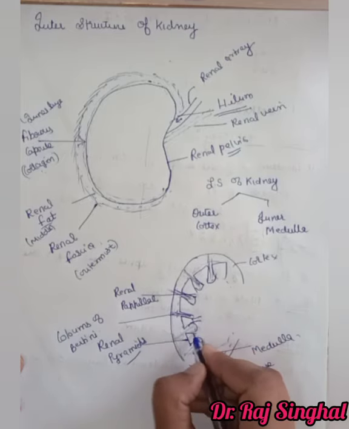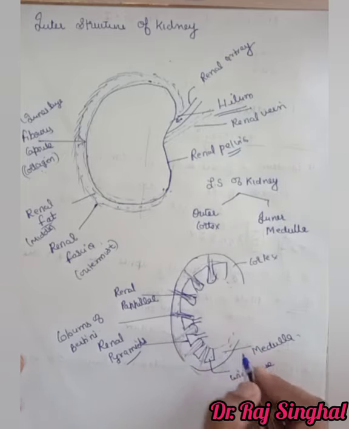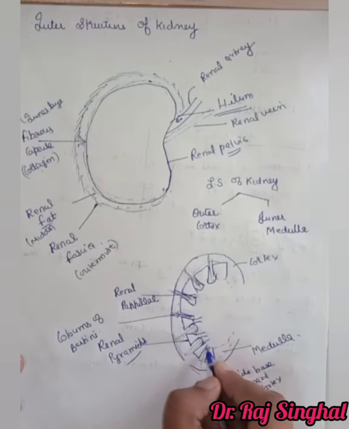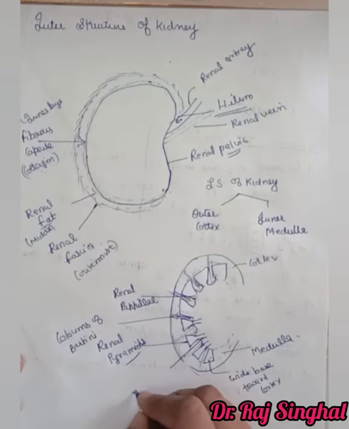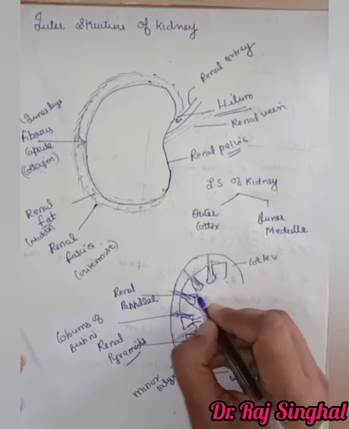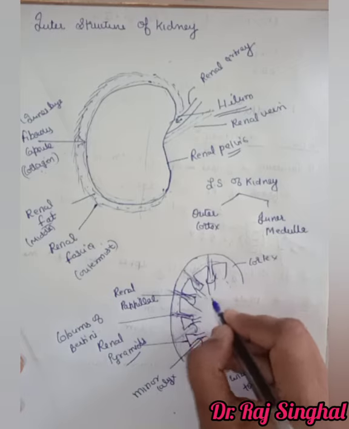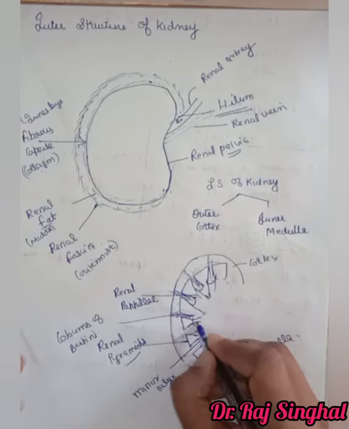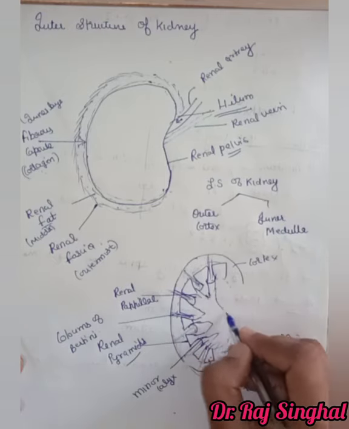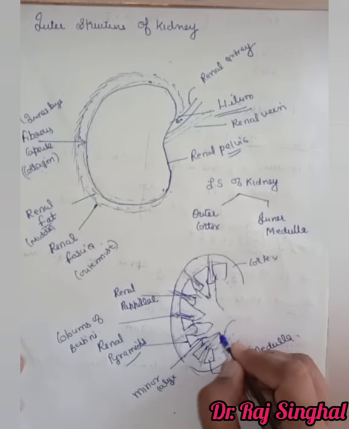These renal papillae open in small pipe-like structures which are known as minor calyx. These minor calyces of all the pyramids combine to form a large tube-like structure which is known as major calyx.